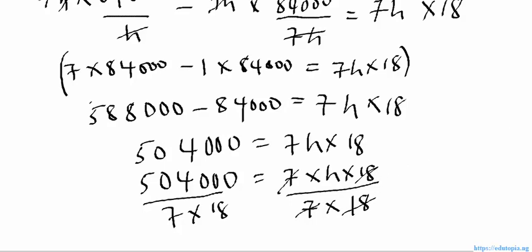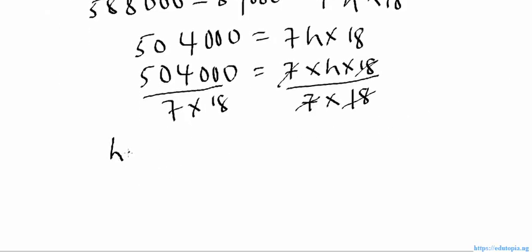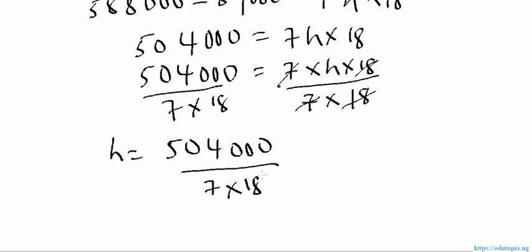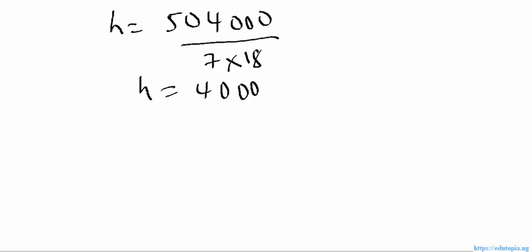Now we're left with H is equal to 504,000 over 7 times 18. And now when you divide, you'll be left with H is equal to 4,000. Answer.